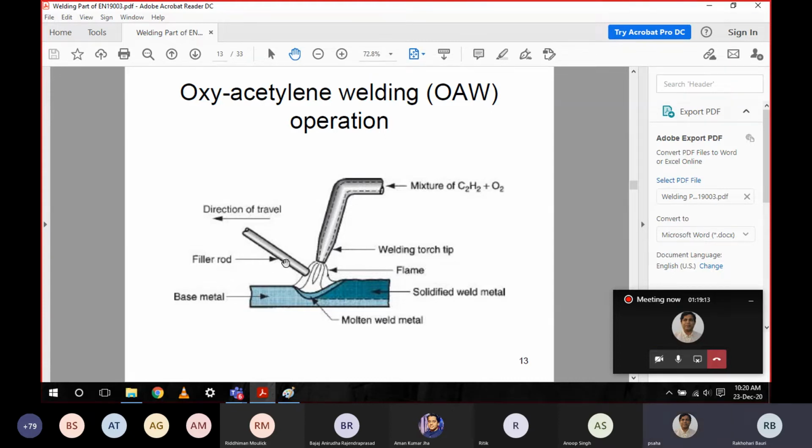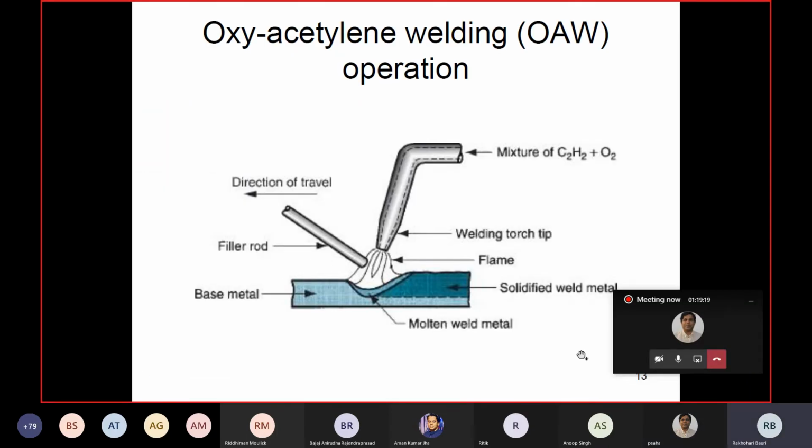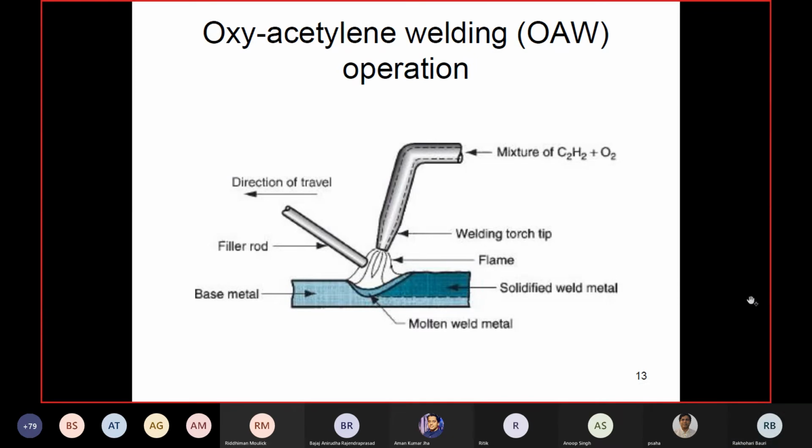This one is the filler material. Here you can see the solidified weld metal, and this one is the flame.